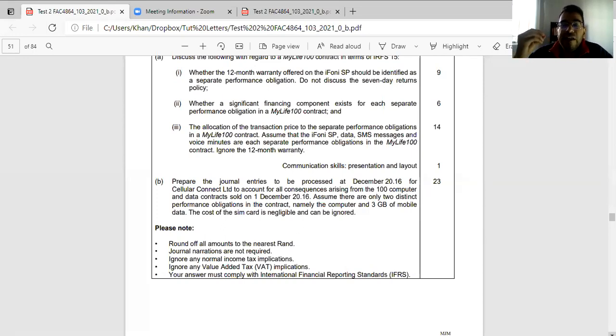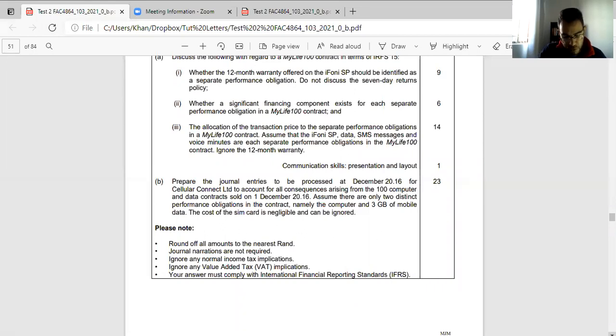The data will be recognized over a period of time because we are providing the service as it is being consumed.